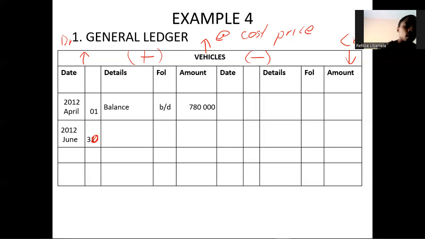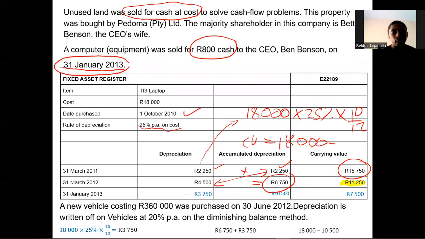And they did not specify how we purchased that asset. Let me just make sure if they actually specified that. I will read that shortly. They say new vehicle costing 360,000 was purchased on the 31st of June 2012.